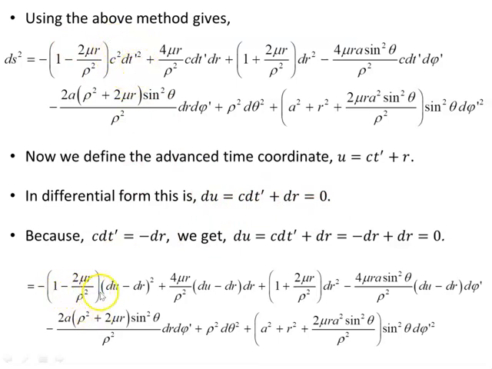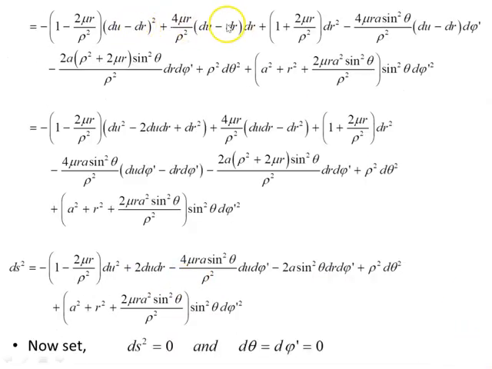So we now have the line element containing our advanced time coordinate, and that's our new line element, which we can expand and tidy up. This is the line element at the bottom of the last slide again, and we'll expand it all out.